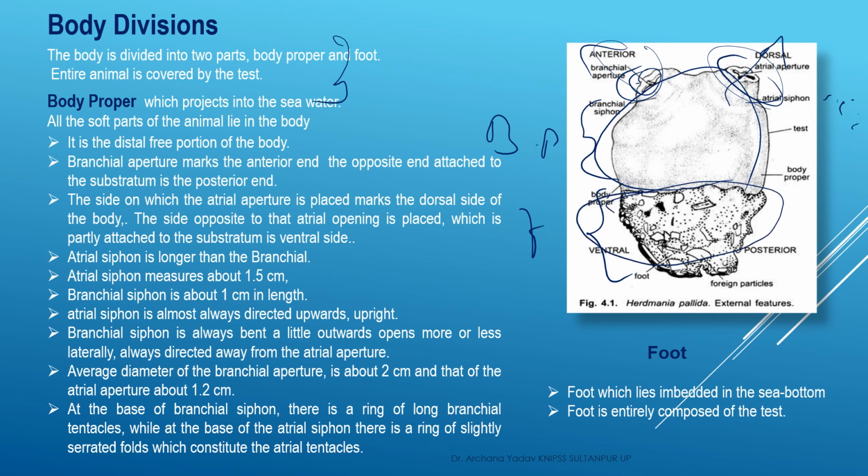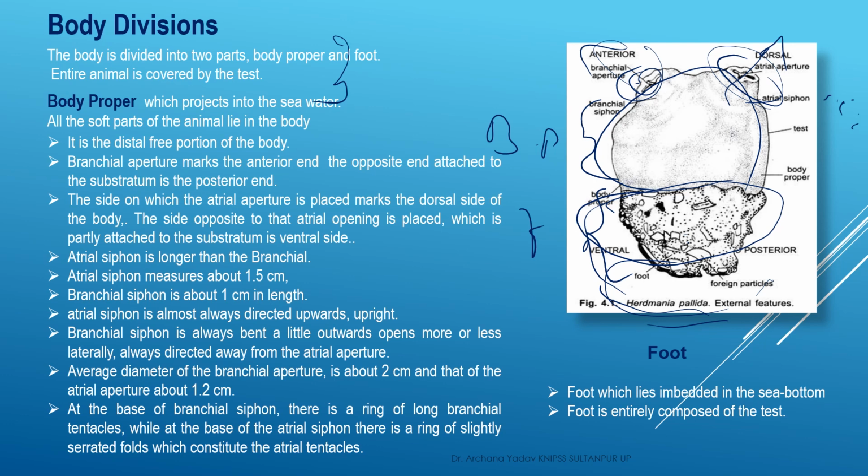Now about the foot: it is entirely made up of test or tunic and its color is dirty due to sand particles, shell pieces and other foreign bodies attached to it. The substratum is quite hard, so the foot acts as a balancer and keeps the body erect in position.